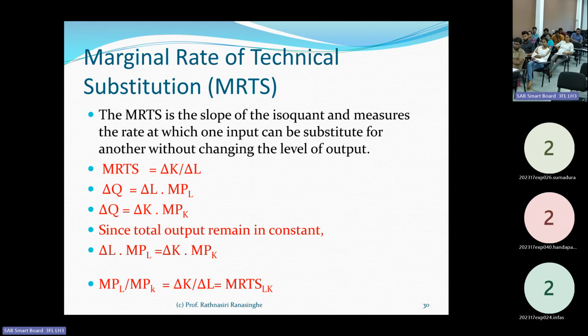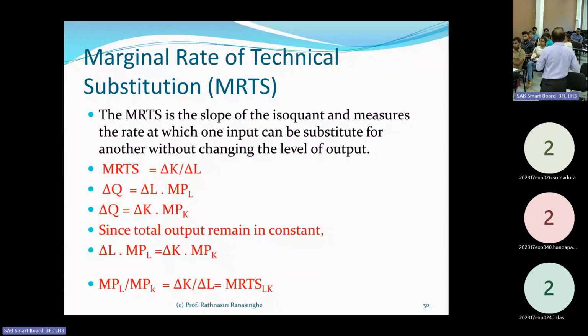Therefore, we need to take the cost factors into our analysis. How do we incorporate the cost factors into our model?